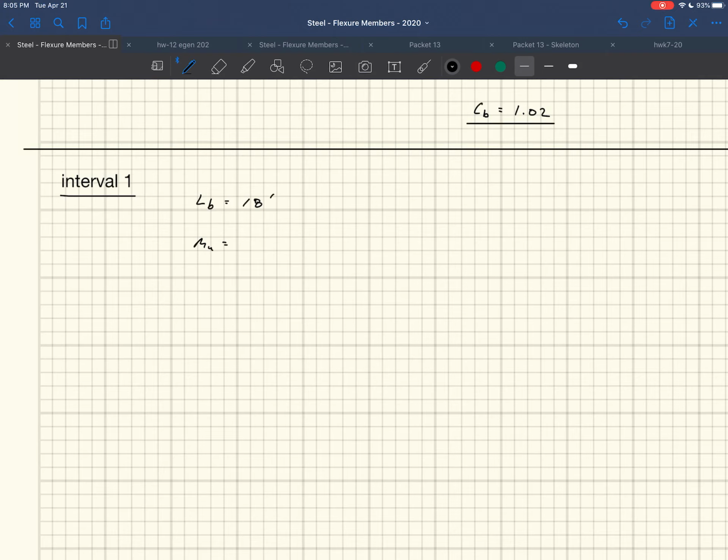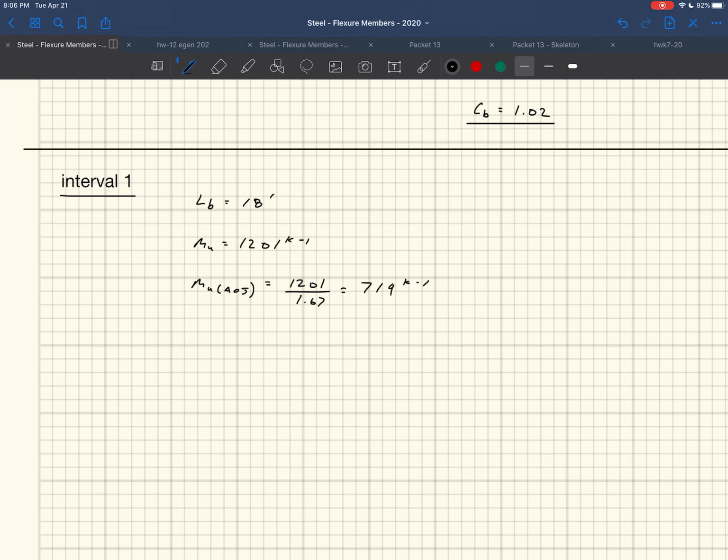And then MU is equal to 1201 kip feet, right? But then that's not how we enter the table. Since we're going to take advantage of CB equal to 1.67, we go in there with an MU adjusted, right? MU adjusted, and that's going to be 1201 divided by 1.67, and this ends up being equal to 719 kip feet.